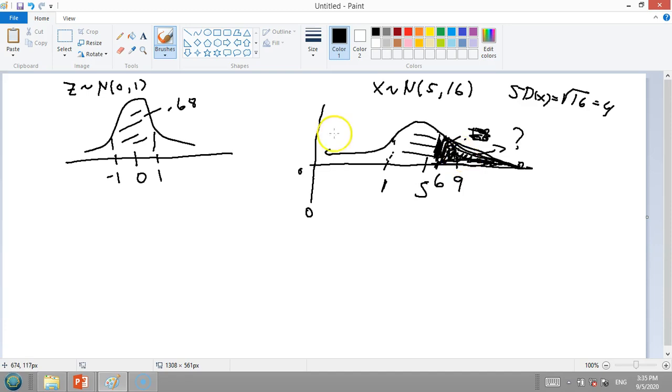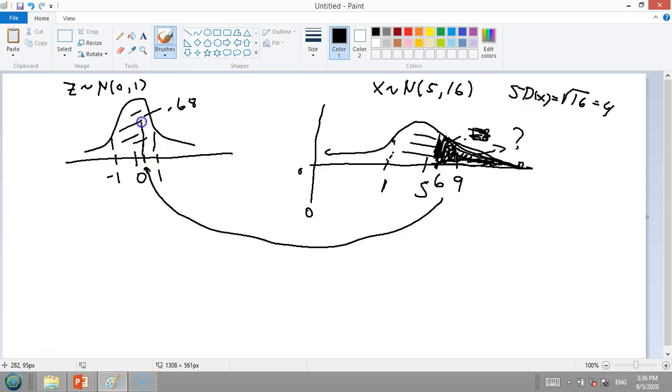Now, another interesting thing is I don't know probabilities on this distribution at all. But I have probabilities for the distribution here, the normal 0, 1. And here, the 6 on this distribution corresponds to some number here on this distribution.